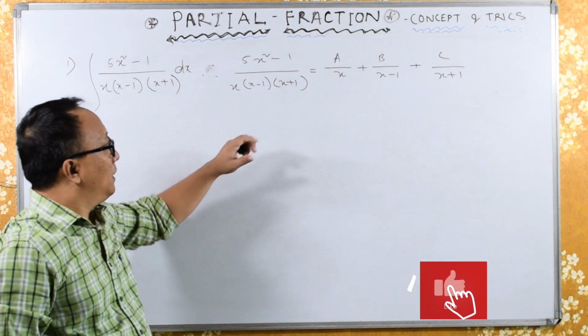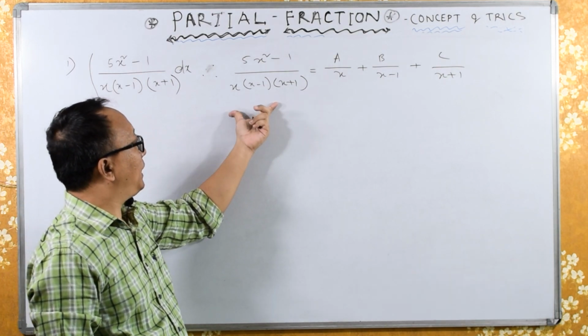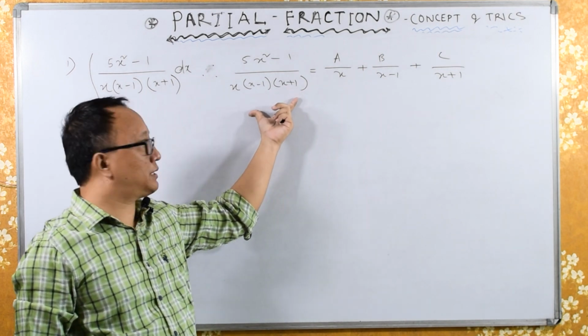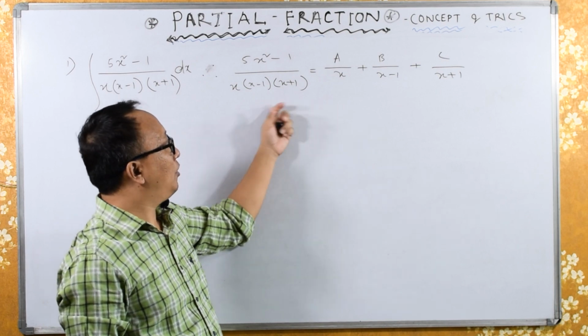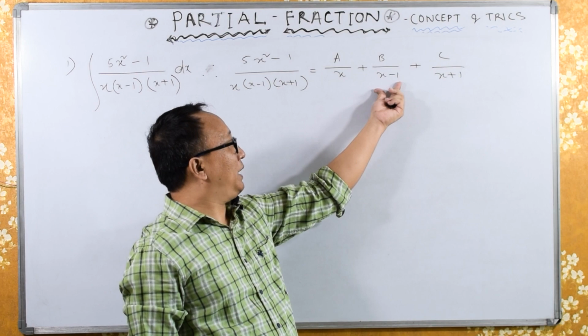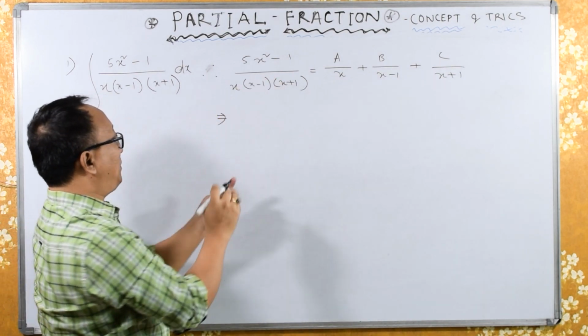Now here we can solve in two ways: by comparing all the coefficients of x, meaning the coefficient of x square, the coefficient of x, and the constant term, or by substituting values of x.